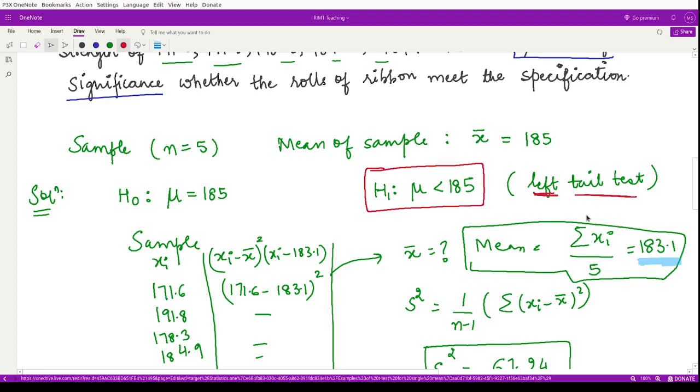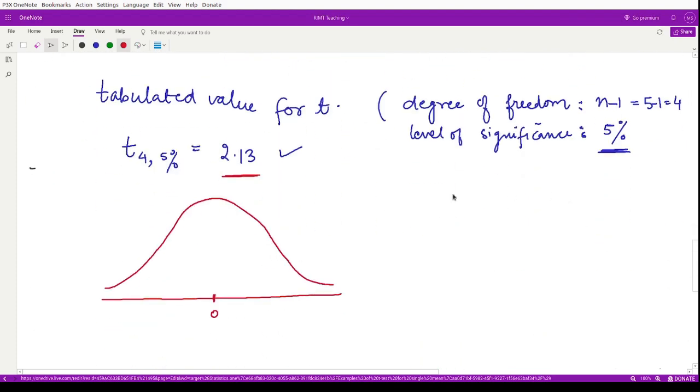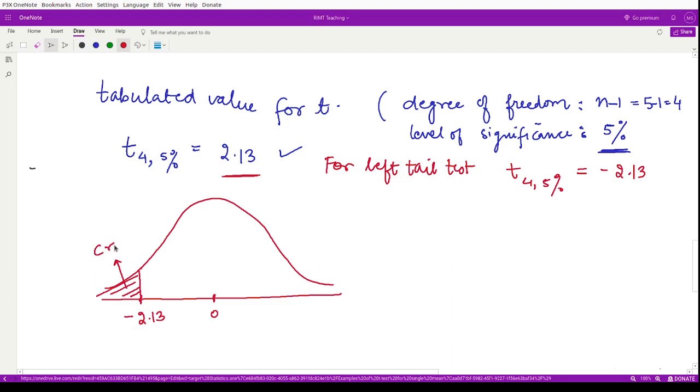But for a left tail test, the tabulated value at 4 degrees of freedom and 5% level of significance would be minus 2.13. So according to that, the left portion of this minus 2.13 would be your critical region.